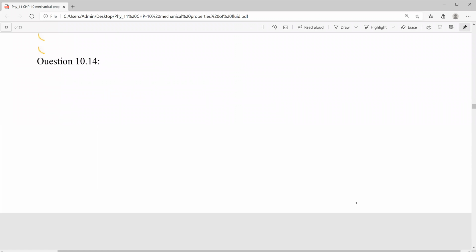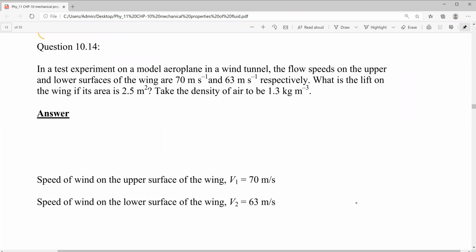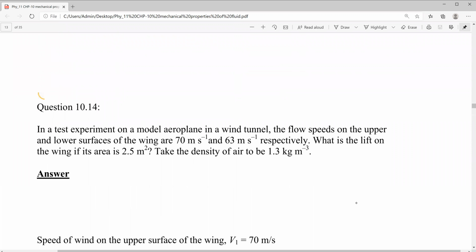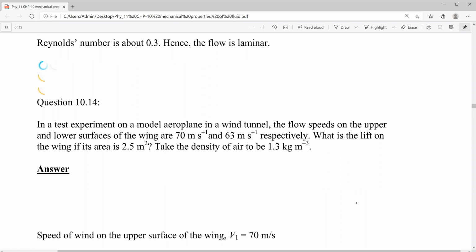Next, we shall move to 10.14. What is the question? In a test experiment on a model aeroplane in a wind tunnel, the flow speeds on the upper and lower surfaces of the wing are 70 meters per second and 63 meters per second.